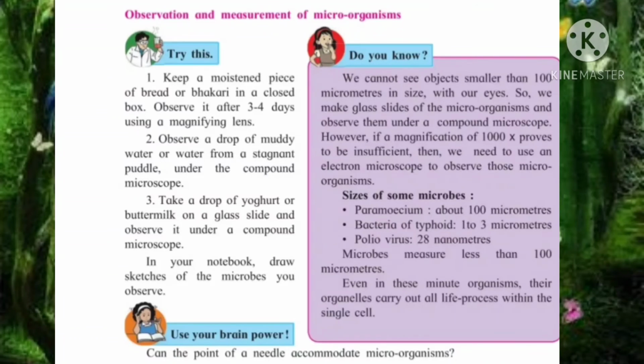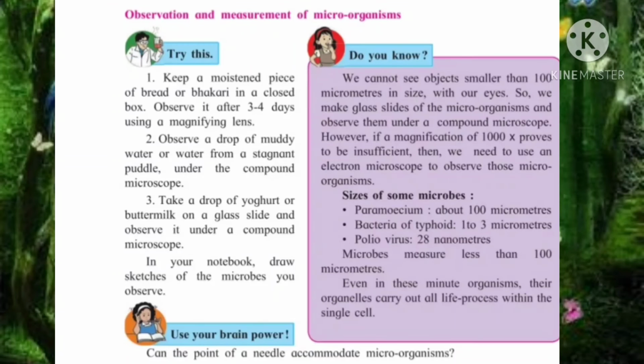After 3 to 4 days you have to observe. You will observe a growth of fungus, white or black in color. That fungus we have to observe under the microscope.